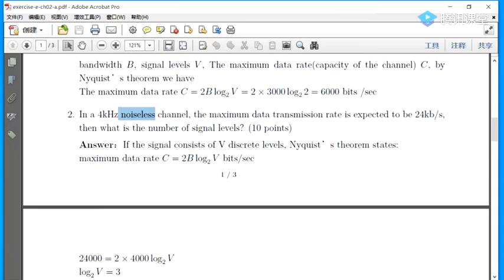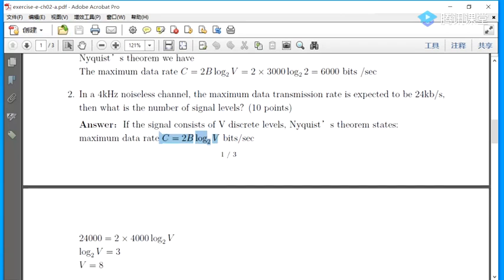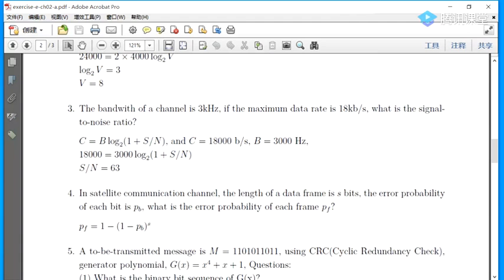So for the noiseless channel, we should use Nyquist's theorem. Then, for a noisy channel, the bandwidth of a channel is 3 kHz and the maximum data rate is 18 kbps. What is the signal to noise ratio?